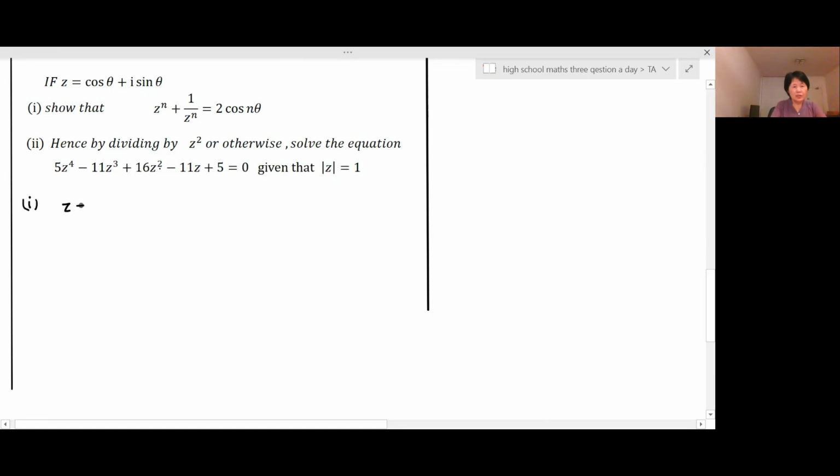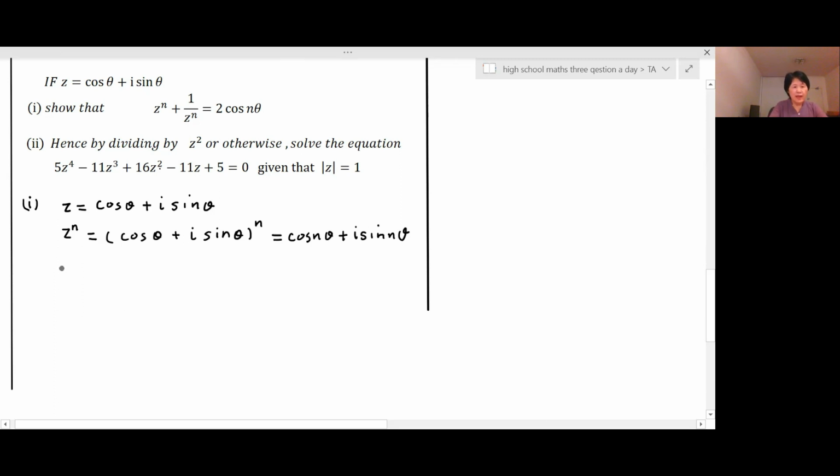Okay, z equals cosine theta plus i sine theta. This means z to the power n equals cosine theta plus i sine theta to the power n, then we can use de Moivre's theorem. So this will give me cosine n theta plus i sine n theta.